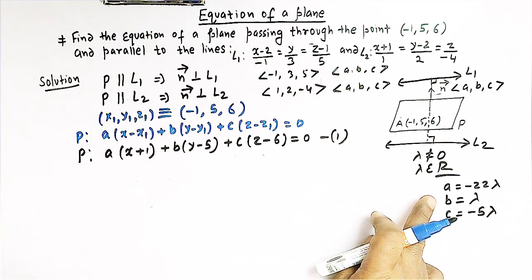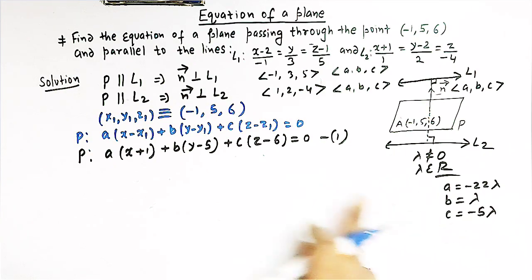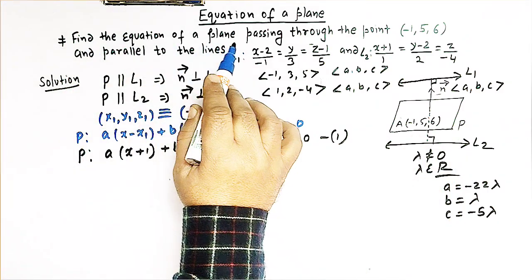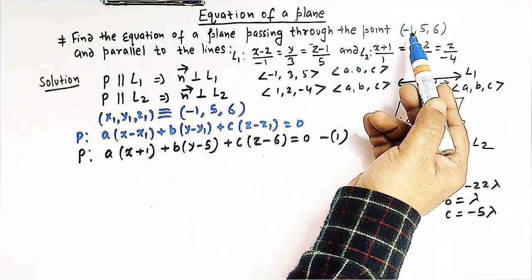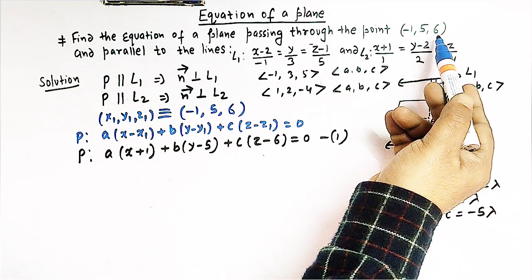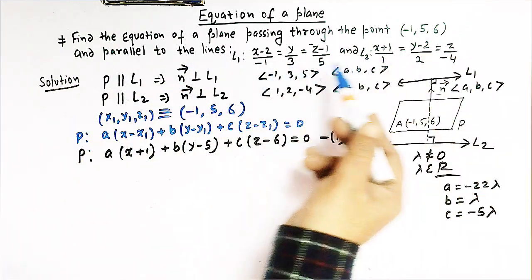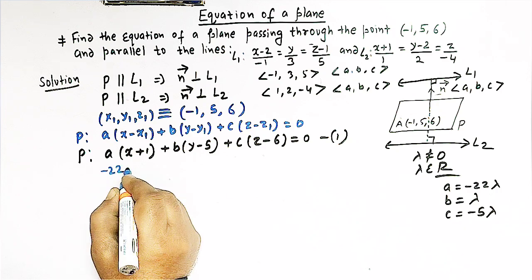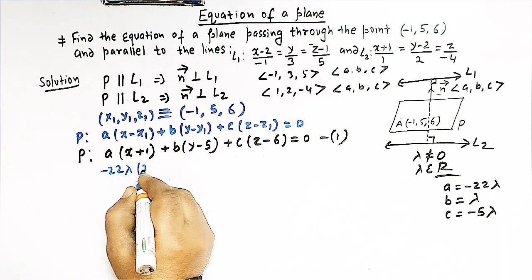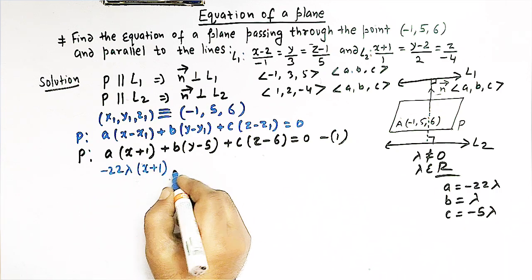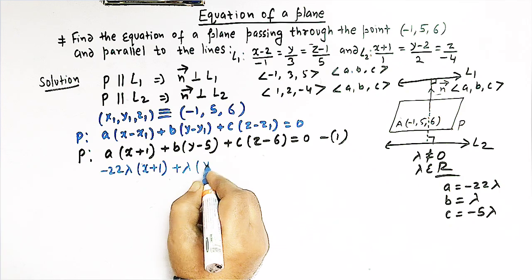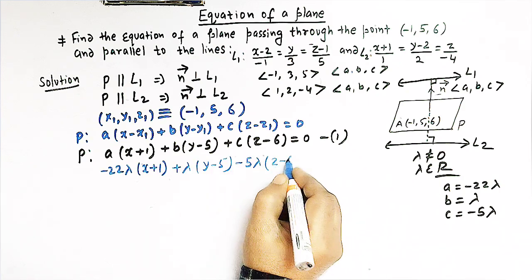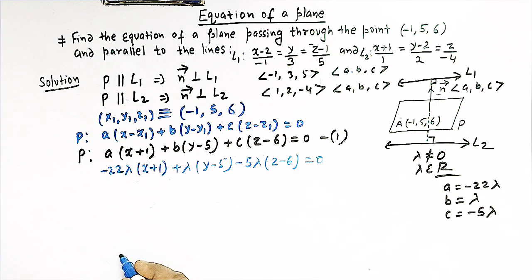So now let us substitute the values of a, b, c in equation 1 to get the required equation of the plane passing through the point (-1, 5, 6) and parallel to these two lines, right? So here we have minus 22 lambda times (x plus 1), then plus lambda times (y minus 5), then minus 5 lambda times (z minus 6) is equal to 0, right?